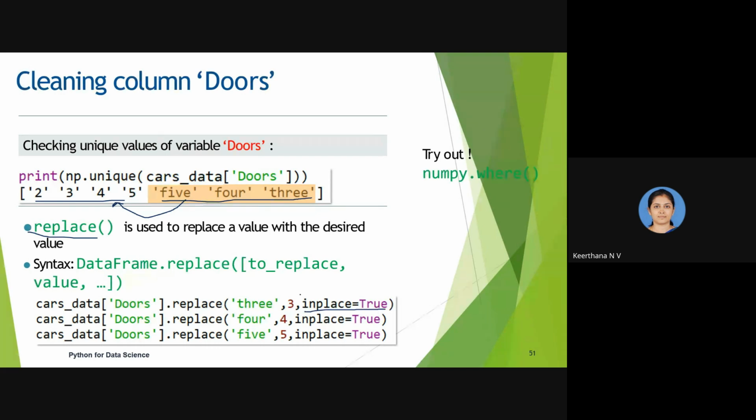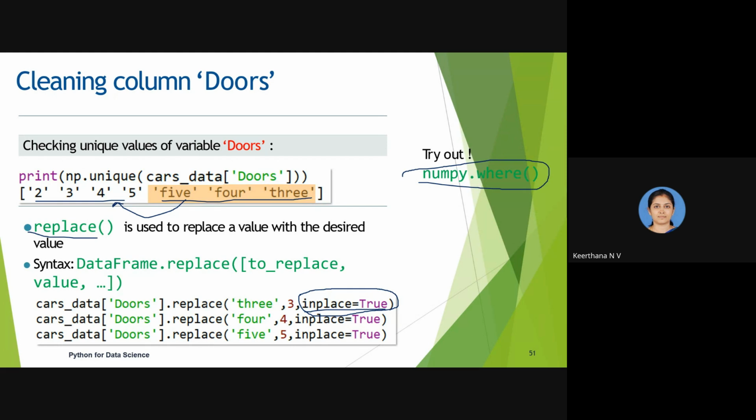This is a default thing you have to give, and you can also try numpy dot var. Instead of using this in pandas, you can use the var method in numpy for replacing also.